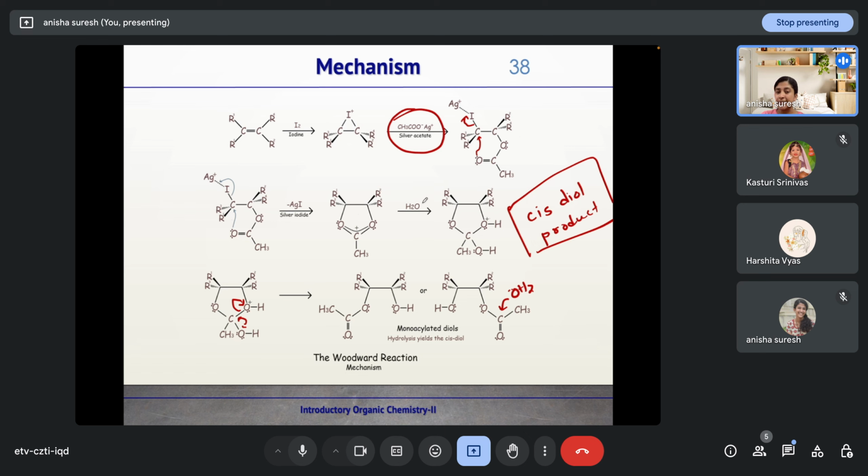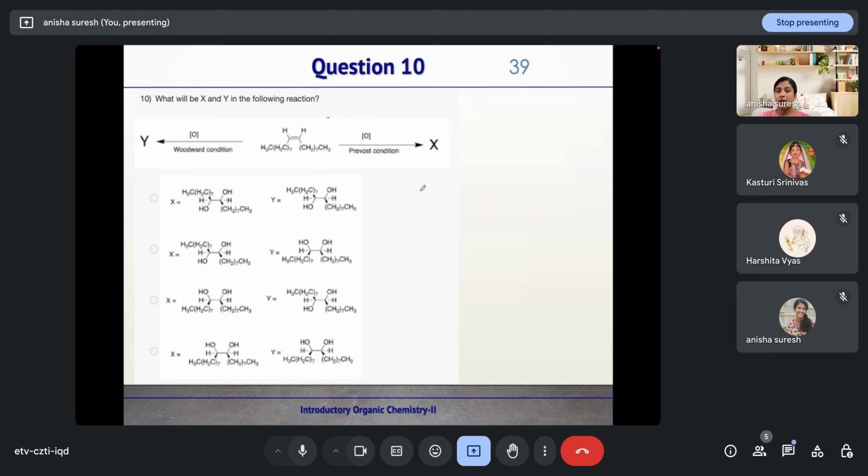I'm not exactly clear. I will check into it and tell in the summary tutorial. Okay, ma'am. So here option B is the right answer. In Prevost reaction, we will be getting trans diol, and in Woodward condition, we will be getting cis diol.